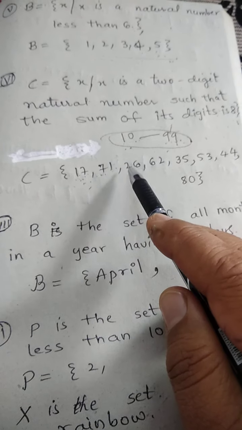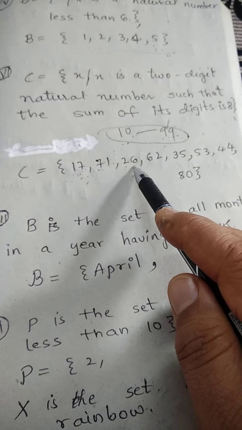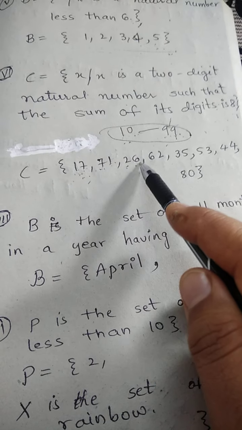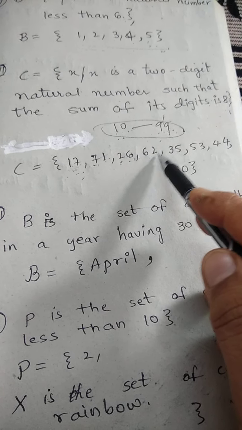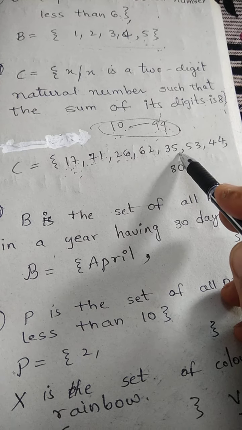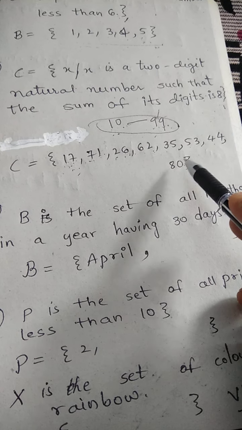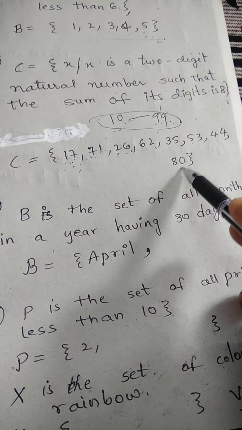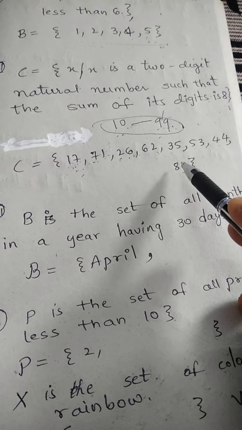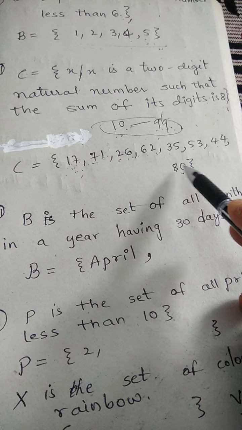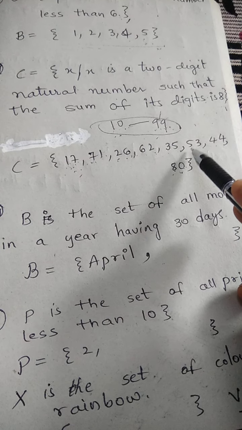Then after 1 you take 2, 26. 2 plus 6 is 8. And 26 and 62 also. 6 plus 2 is 8. Similarly 35, then 53. Then 44. Then 80 also. The sum of 8 and 0 is 8. 4 and 4 is 8. 5 and 3 is 8.